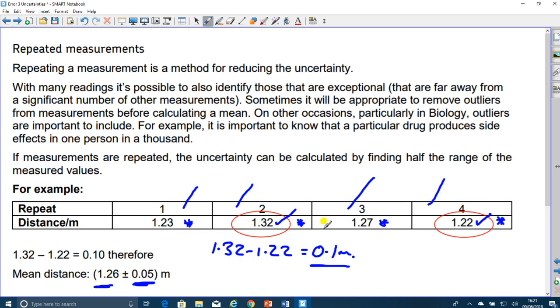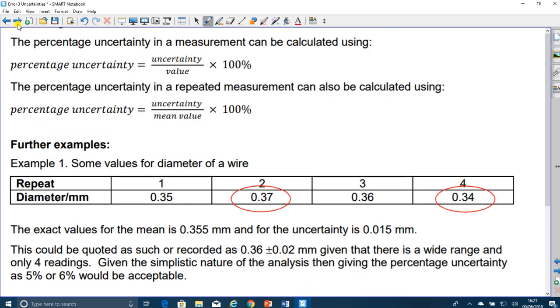But if we go back to this example here, our percentage uncertainty would simply be 0.05, because that's our uncertainty in this reading, divided by 1.26 times 100, and that will give us our percentage error, as opposed to our absolute uncertainty, which is here. If you look at this example, that's what it's saying.